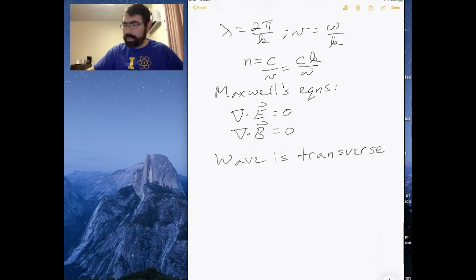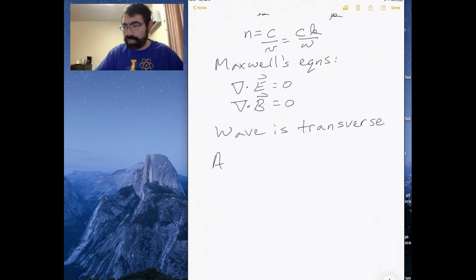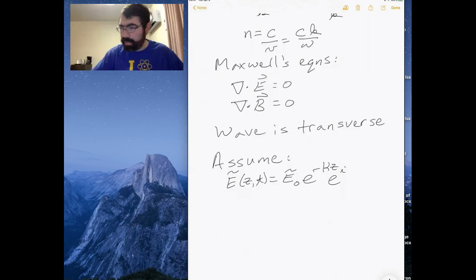So if we assume that the polarization is in the x direction, the electric field is some initial amplitude times the damping factor times the oscillating part, with propagation in the z direction, and that's going to be in the x direction.